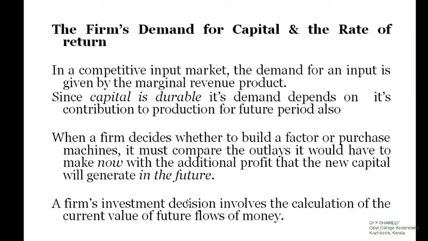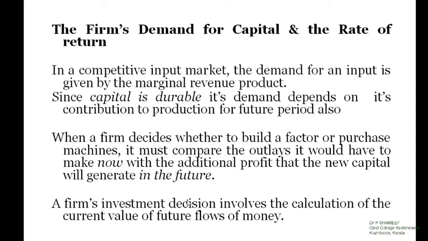Now, the firm's demand for capital and the rate of return can be explained. In a competitive input market, the demand for an input is given by the marginal revenue product, that is its marginal productivity curve. Since capital is a durable good, its demand depends upon its contribution to production for the current period as well as future periods.